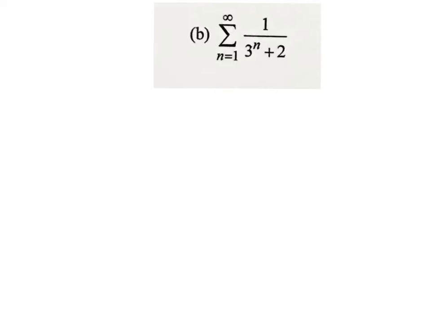Hey guys, so moving on to the second example. It's kind of similar to the first one, however we're going to be using a slightly different approach. Instead of the p-series that Ryan used, we're going to be using the geometric sequence or series.